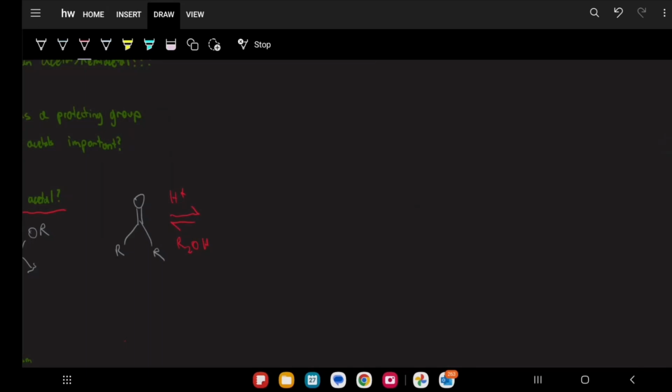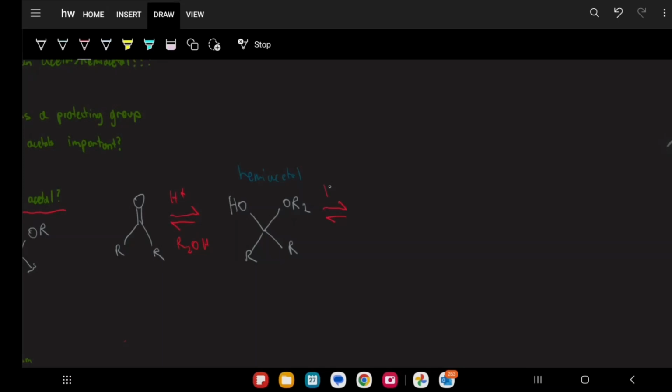R2OH here is an alcohol. This would form an alcohol bonded to that initial carbonyl C, an OR2 bond to that initial carbonyl C, and then the original two R groups. This is called the hemiacetal, meaning halfway to the acetal.